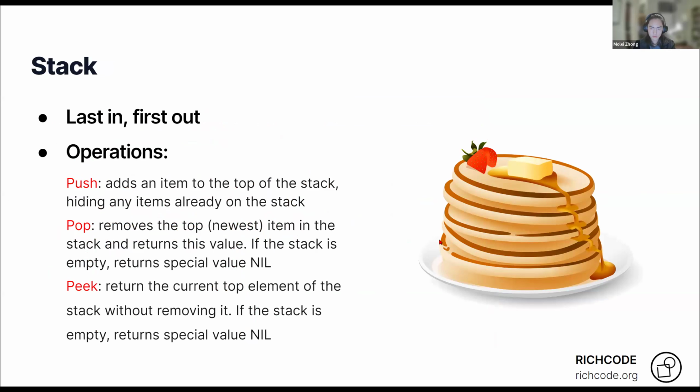And popping, all it does is return the tallest pancake on the stack. So it can't remove any other pancake, only the top one. Does it make sense? It just removes the top one. And then, yeah, okay, that's great.